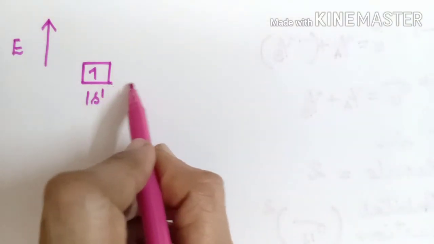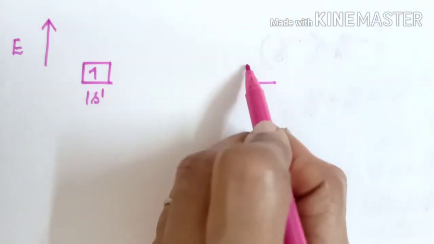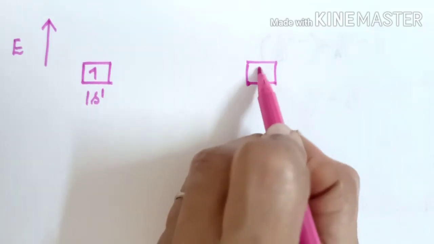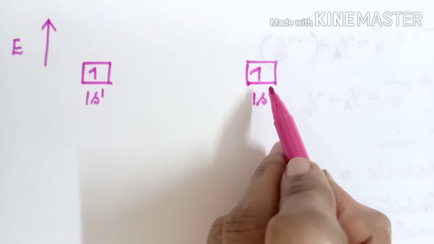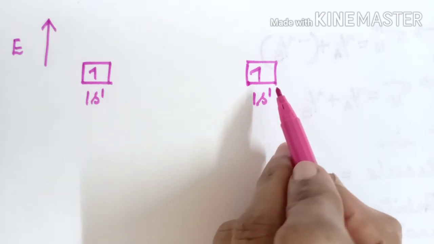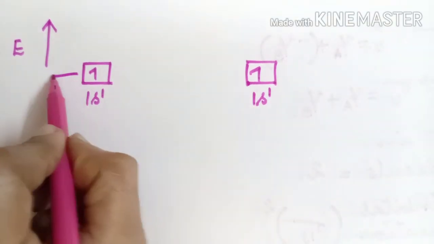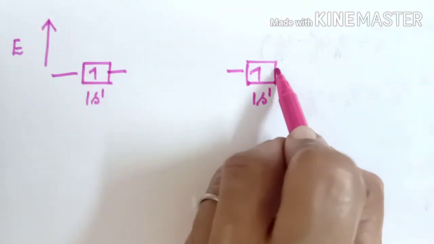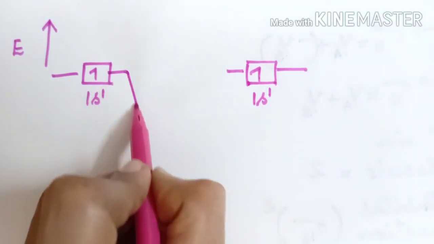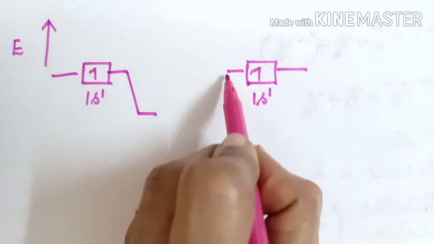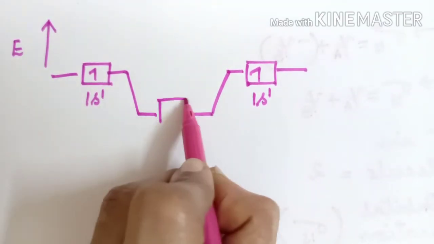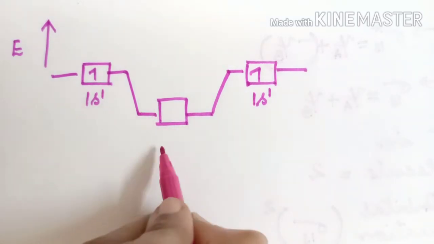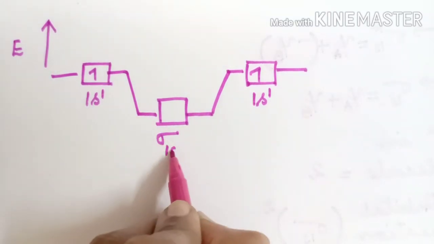So similarly, the next orbital is also having 1 electron, that is in 1s1. Both of them are having almost comparable energies and symmetries. When they combine in two different manners, one which is actually got by the combination of the wave functions, that is known as the bonding type, that is marked as sigma 1s.